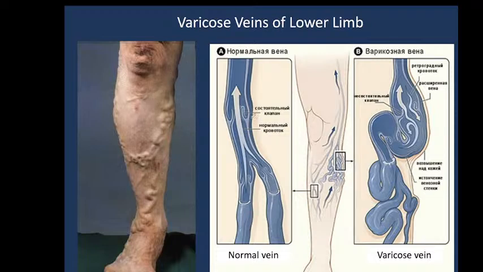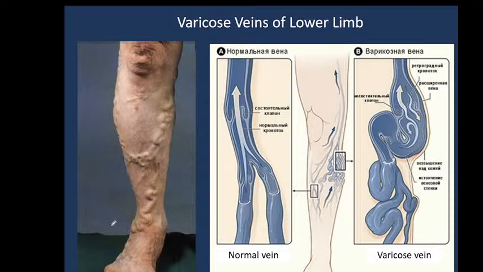Sometimes the blood stays in the lower limb veins and may give enlarging of the veins, and that is called varicose veins. It is visible because more often these varicose veins are located under the skin.